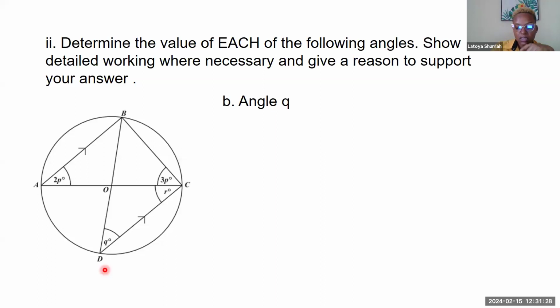No, they are not. Because angle ABC is subtending from the AC chord, while angle BCD is subtending from the BD chord. So they are not subtending from the same chord.